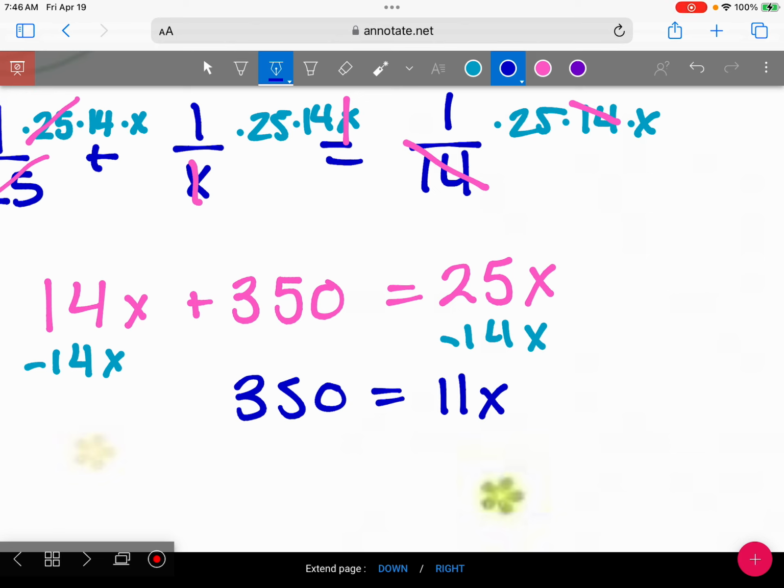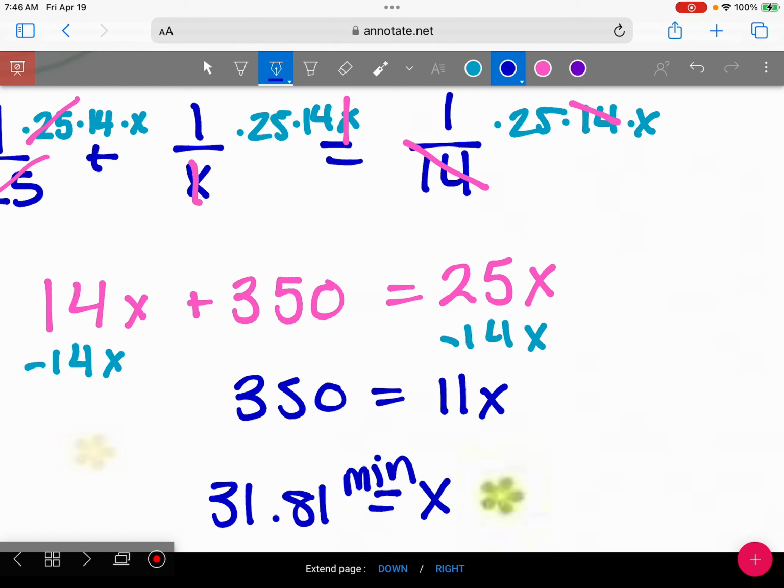So what is x? 31.81. 31.81 what? Minutes. Make sure you put your labels back on them.